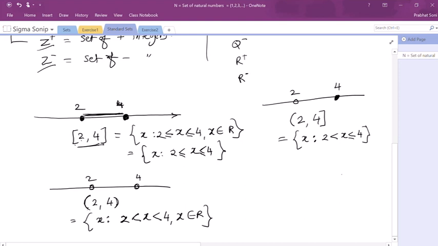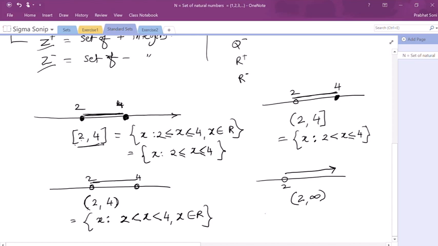Another example, let's take this, and this time these are the values that I included in the set. Here I'm showing my set like this. This is the value 2. What it means is that I'm looking at all the real numbers greater than 2, not equal to 2. So this set will be 2 up to infinity, and I cannot use a square bracket here, because a square bracket means you include the infinity.